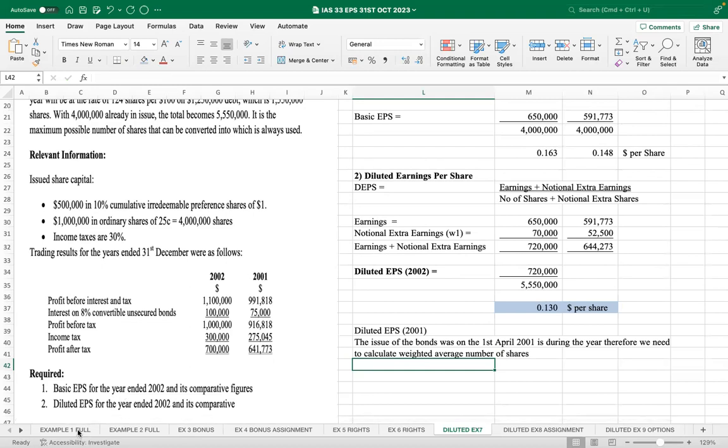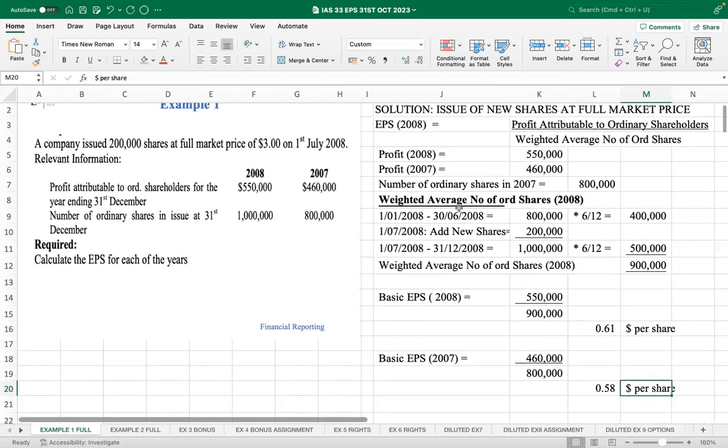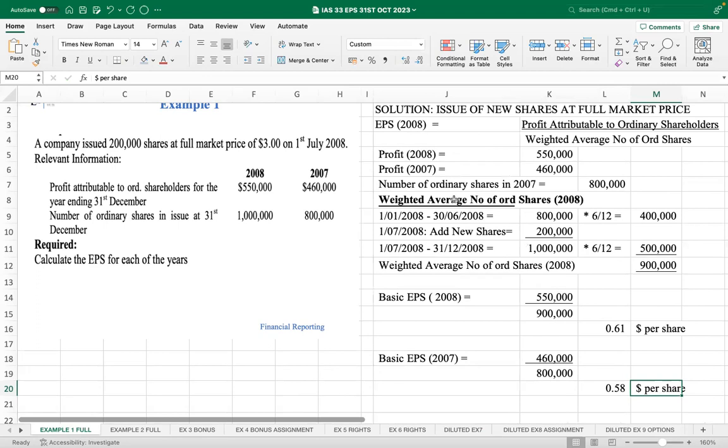So if I return you back to basic EPS, there was something like this to calculate the weighted average number of shares. How are we calculating it? We were looking at the period, how many shares we have then, and then add new shares, and then at the end of the year, what do we have as the number of shares?